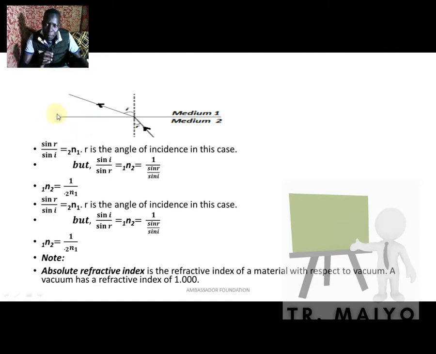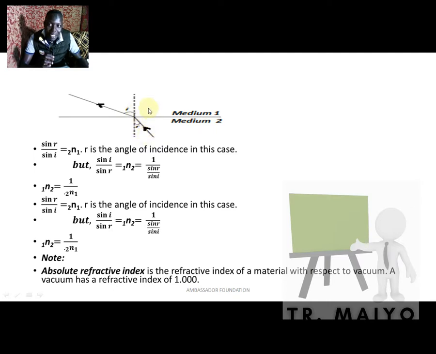So what is this actually? Look here. Just look at it very well. Medium 1, medium 2. The light is traveling from medium 2 to medium 1. So if you take sine r over sine i, it will be the refractive index of medium 1 with respect to medium 2. If you take sine i over sine r, it is going to be the refractive index of medium 2 with respect to medium 1.